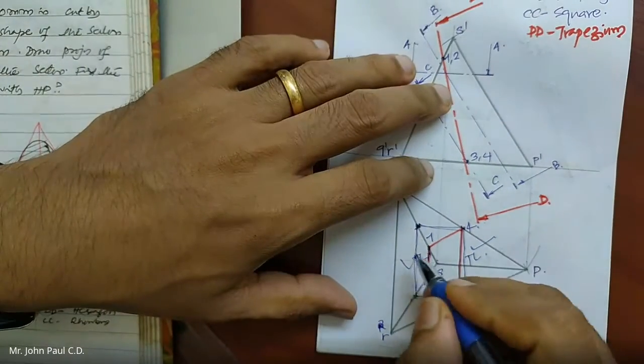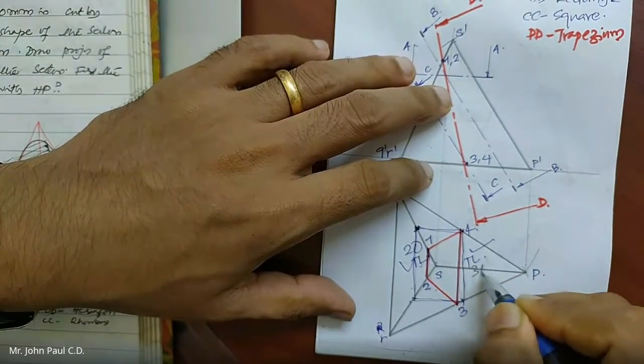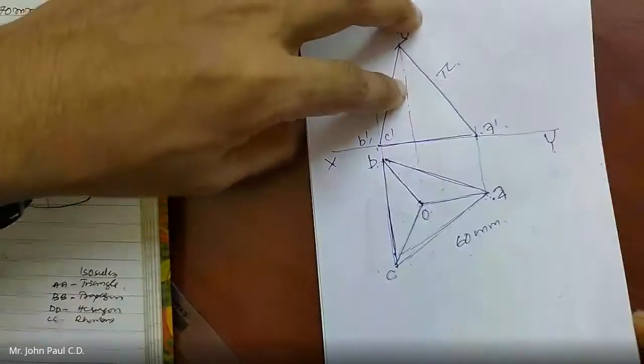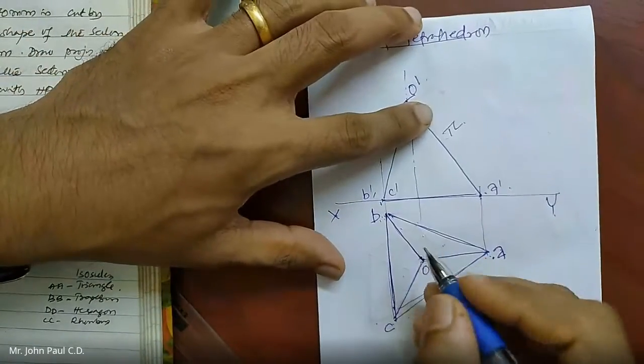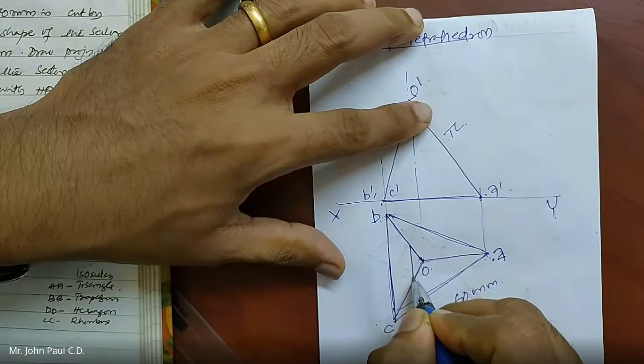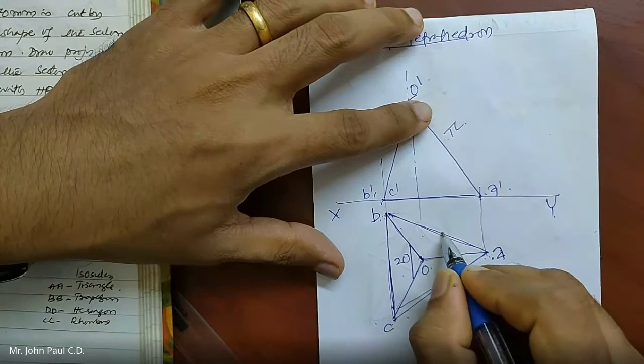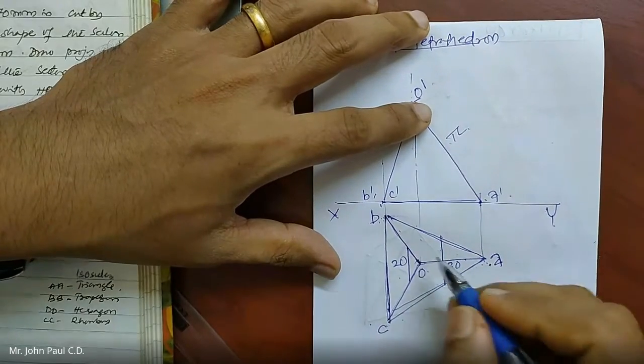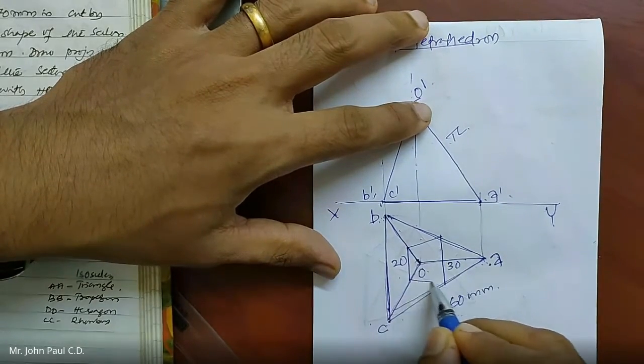And in this question, it is given that this is 20 and this is 30, right? It's given, isn't it? So all I have to do is mark 20 here and 30 here. So this will be the section top view.